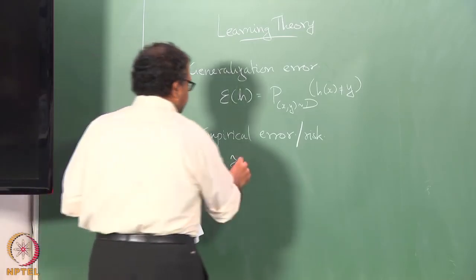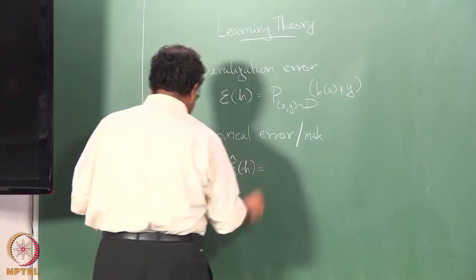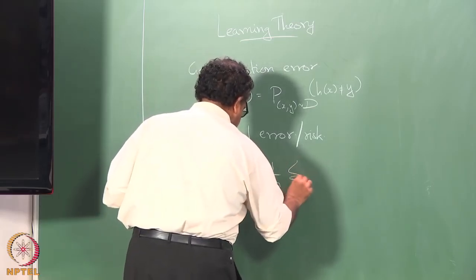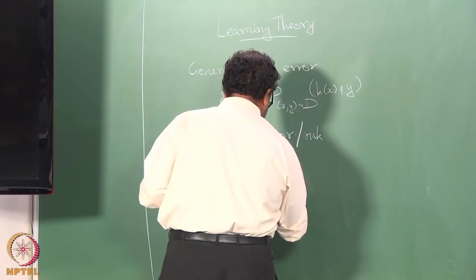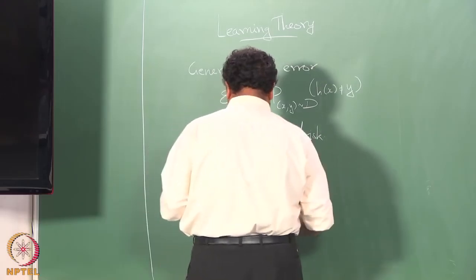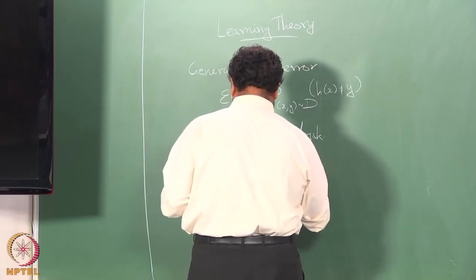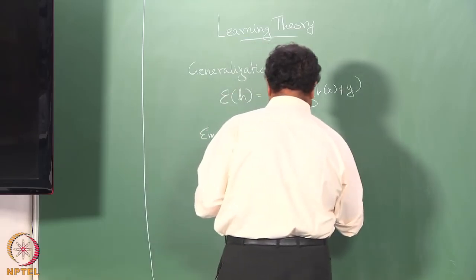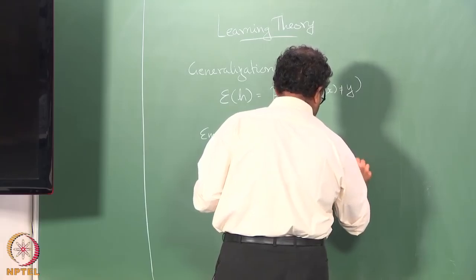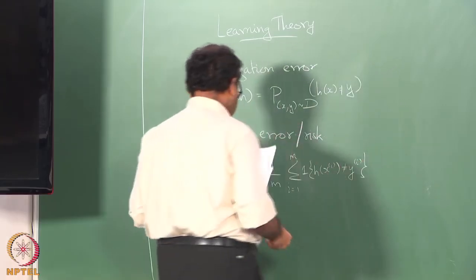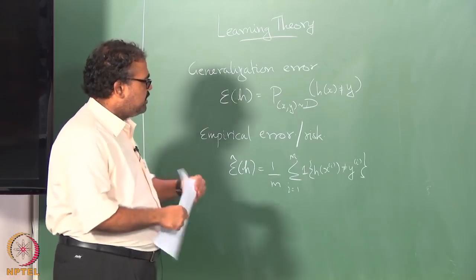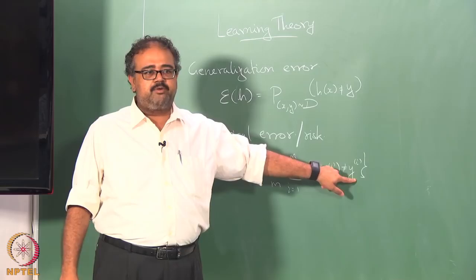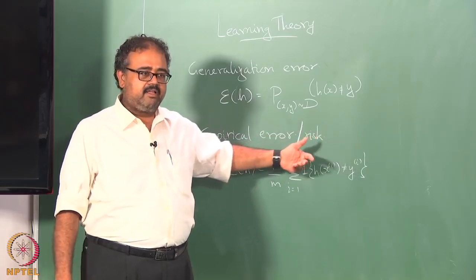So, epsilon cap of H is equal to the following, where xi and yi are the ith data point given to you in the training set.